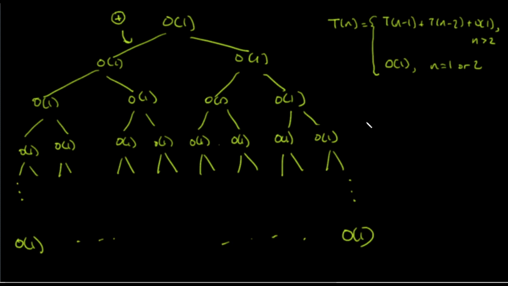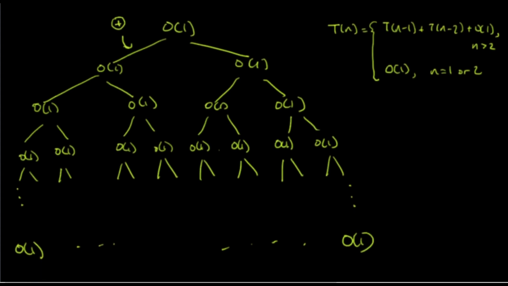One thing you might notice is that the way I drew this might be a little misleading, in that the height of this tree is different at different places in the tree. In other words, our rule was that if we look at our recurrence relation, we would put the O of 1 as the root node, and then we would put these two recursive calls as its children.